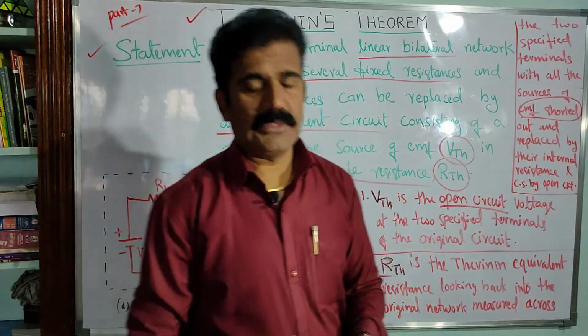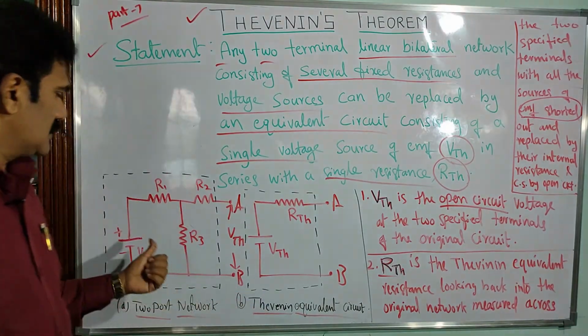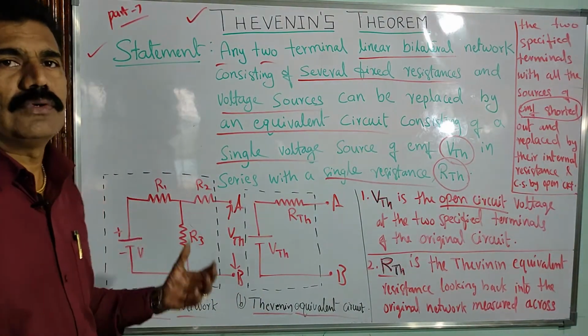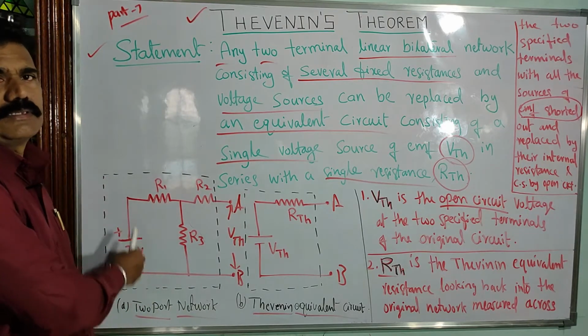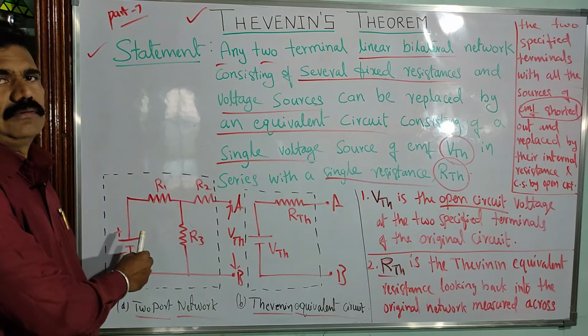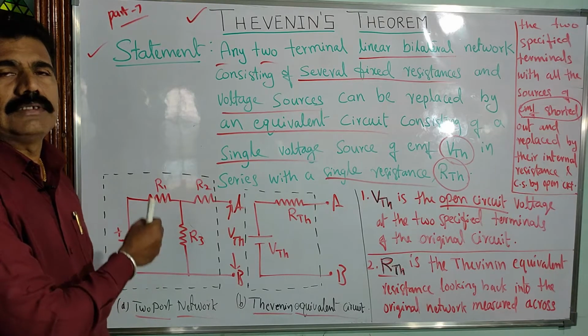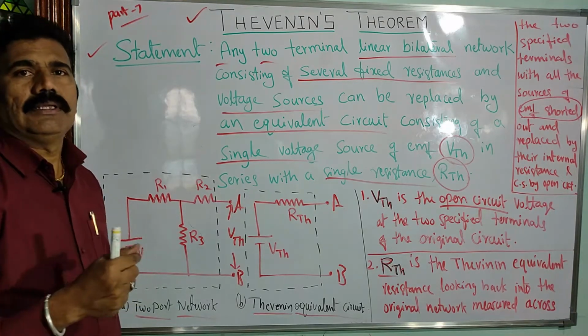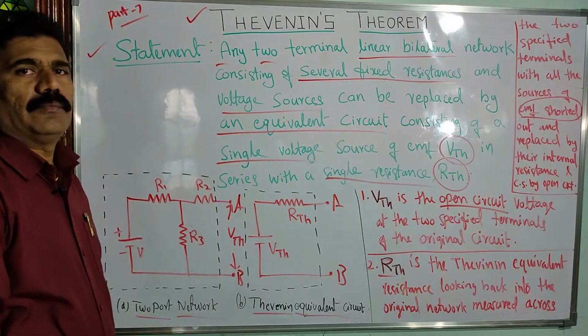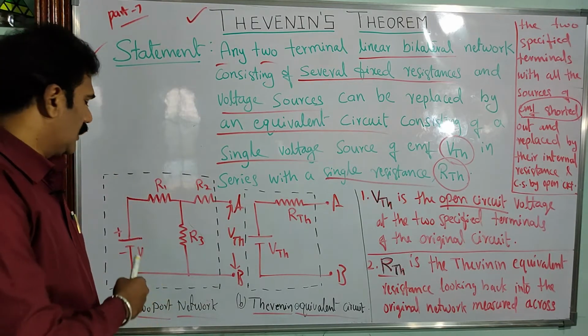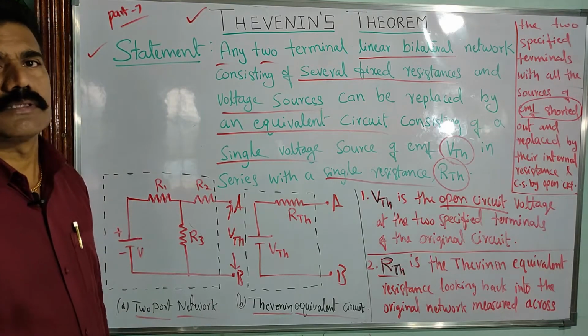So in the circuit, you will come across either a voltage source or a current source, right? If the voltage source is there, you have to replace it by its internal resistance in that place, or just short it. By assuming the internal resistance of the voltage source is negligible, you can just short it. Or if you need a particular accuracy, then you connect a small internal resistance across the source.